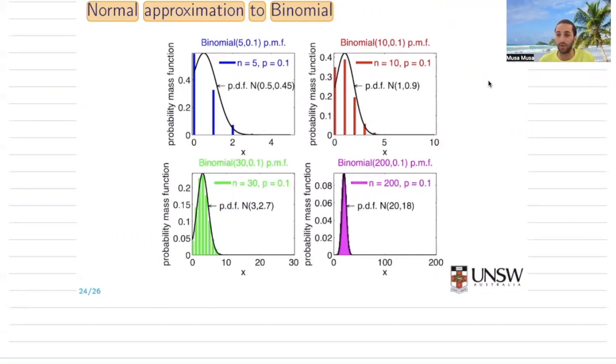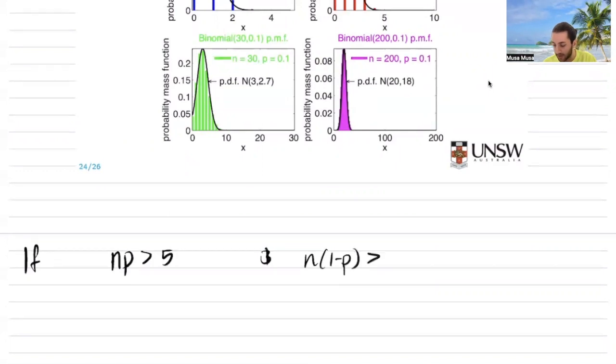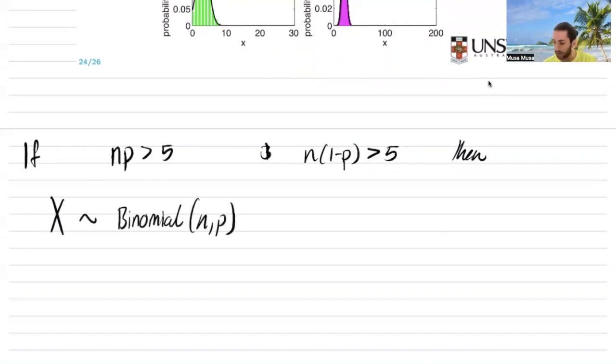I think what's sort of agreed upon is that if NP is greater than 5 and N times (1 minus P) is greater than 5, then X, which is a binomial, will effectively start to become some new variable, we'll call it X, which is normal, and it has mean NP.